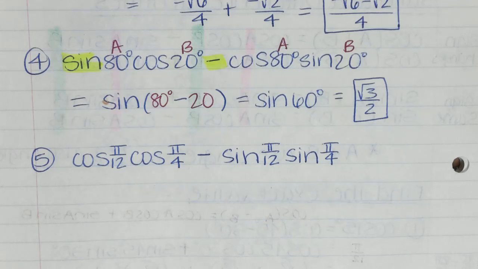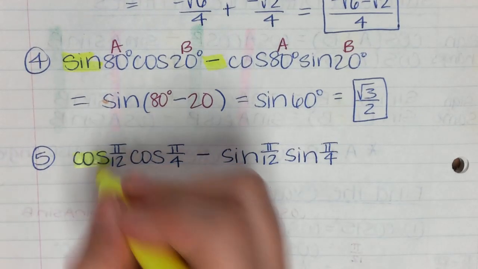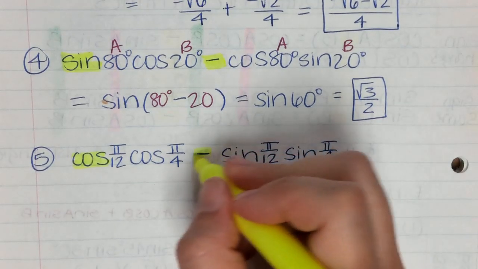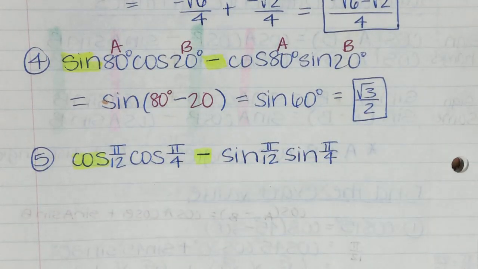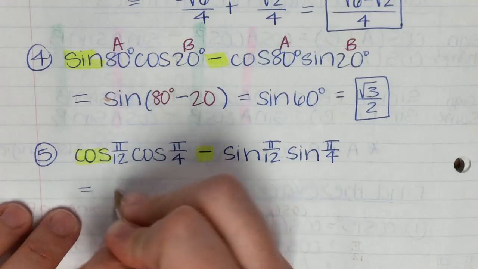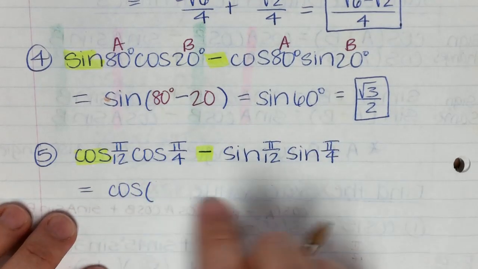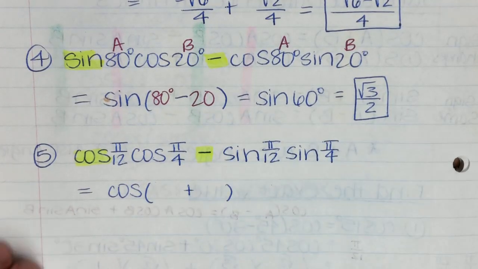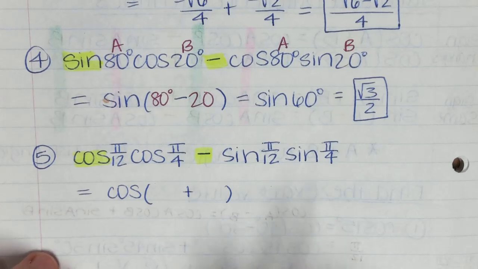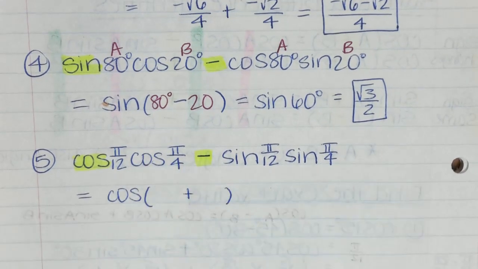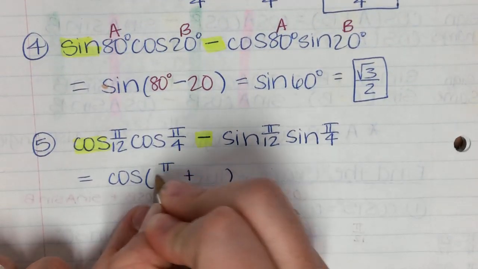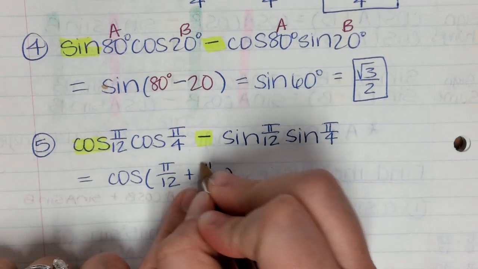You're like, that looks like a sum or difference identity. Is it sine or cosine? Is it sum or difference? It's sum, because it changes, right? So this is equivalent to the cosine of some angle plus some angle. What are the two angles? Well, your angle A is pi over 12 and your angle B is pi over 4.